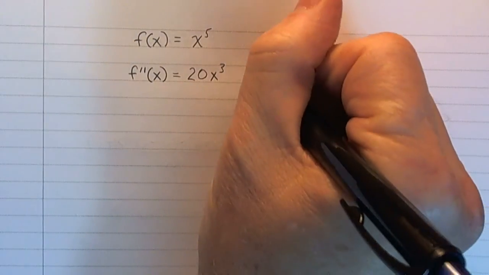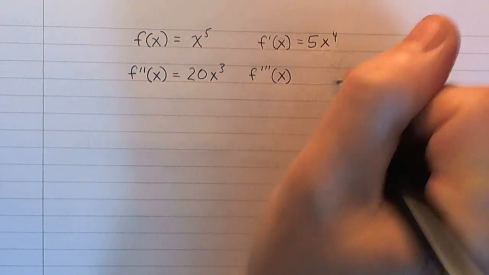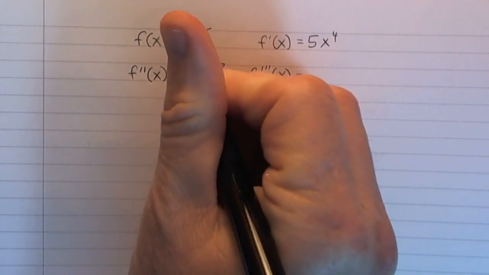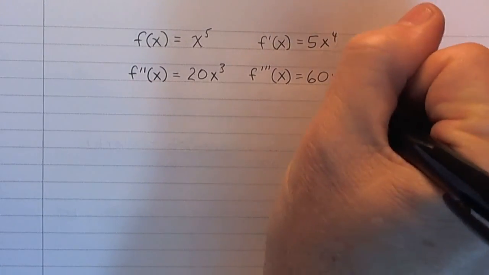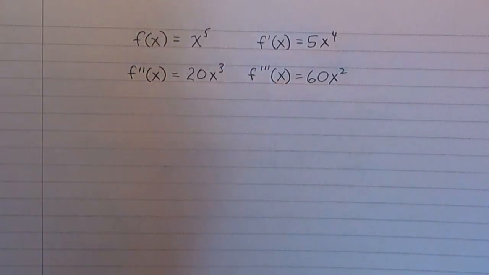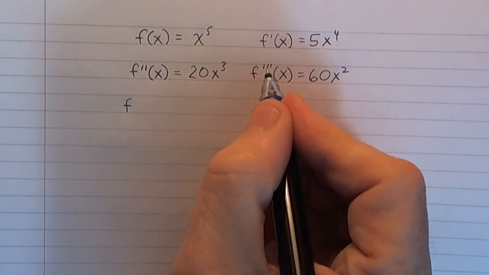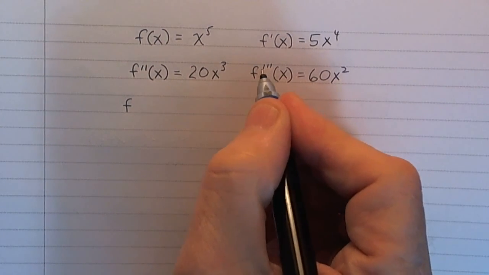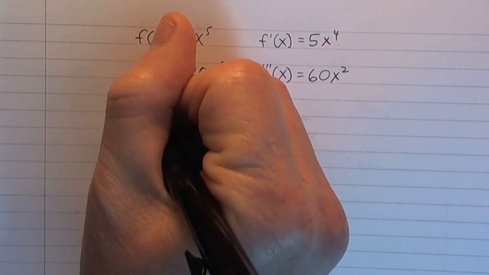And then I could say, well, what about the derivative of that? Well, that would be 3 times 20, which would be 60, x to the second. And then I could say, well, what about the derivative of that? Notice, I run out of room up here for prime, so maybe I'll just write the fourth derivative.